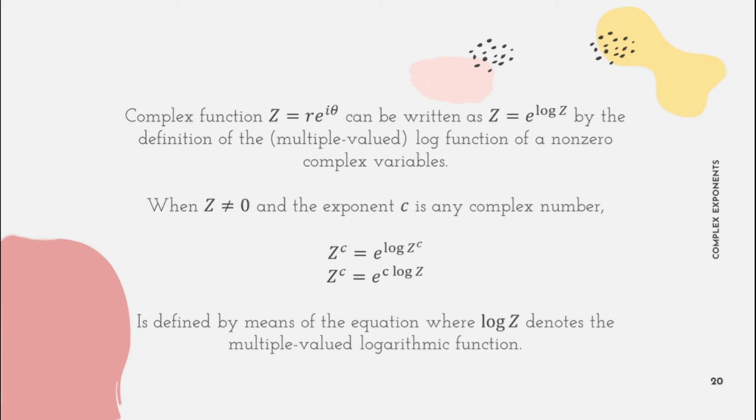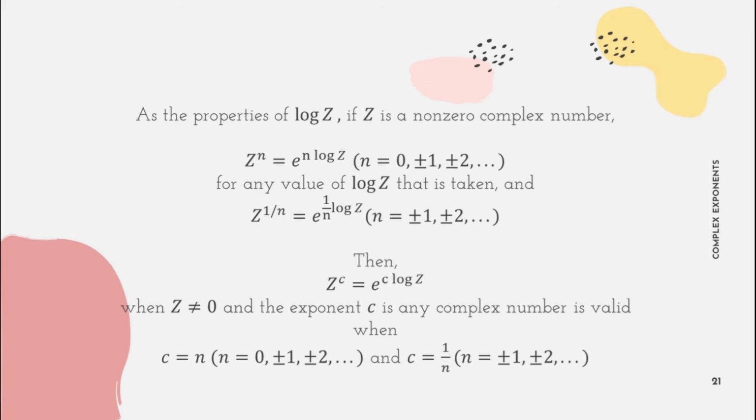The equation z^c is defined by means of this equation, where log z denotes the multiple-valued logarithmic function. As with the properties of log z in the previous material, if z is a non-zero complex number, the equation z^n = exp(n log z), where n = 0, ±1, ±2, etc., holds for any value of log z that is taken.